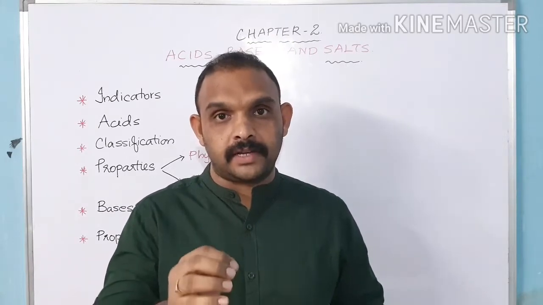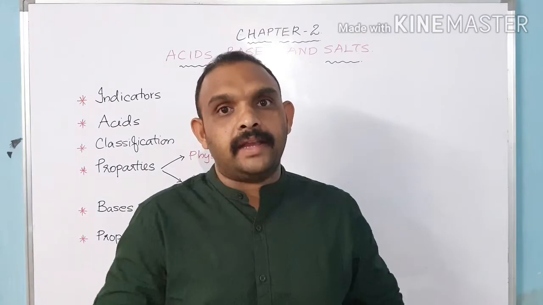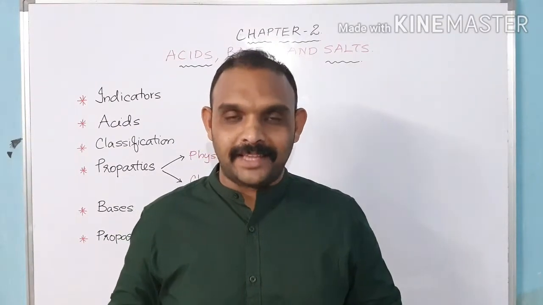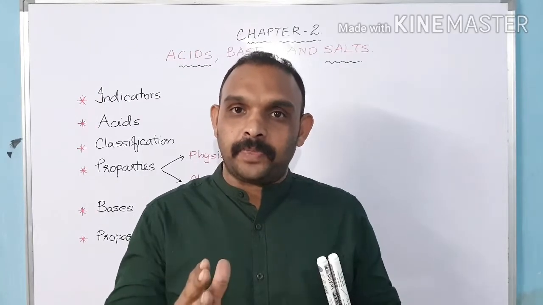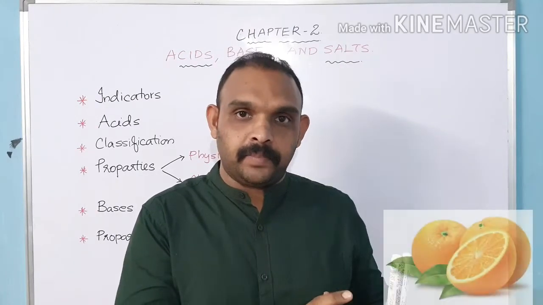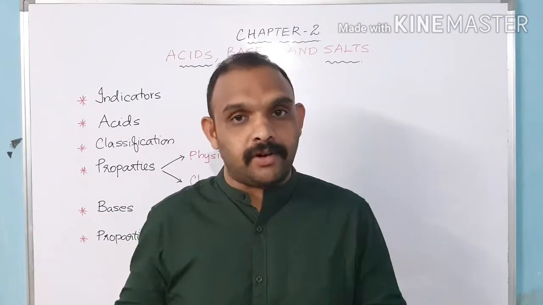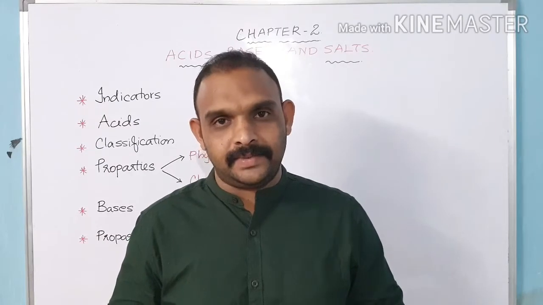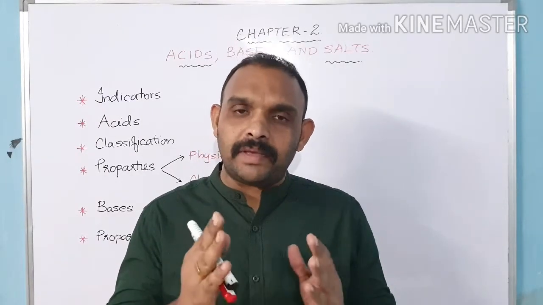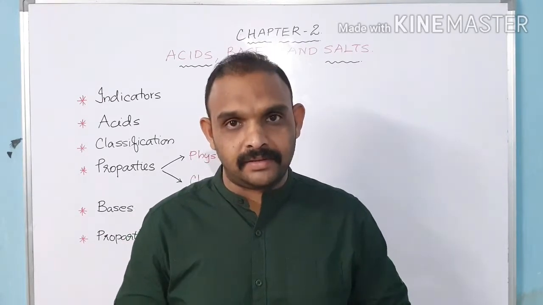So in today's chapter, we are going to study the reason behind these different tastes. Yes, dear students, if a lemon is sour, if baking soda is bitter, there is a reason behind it, isn't it?